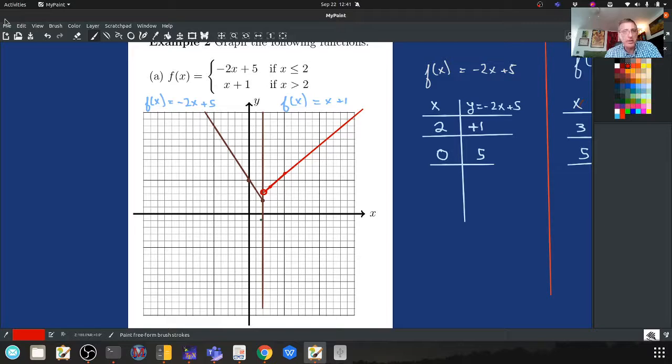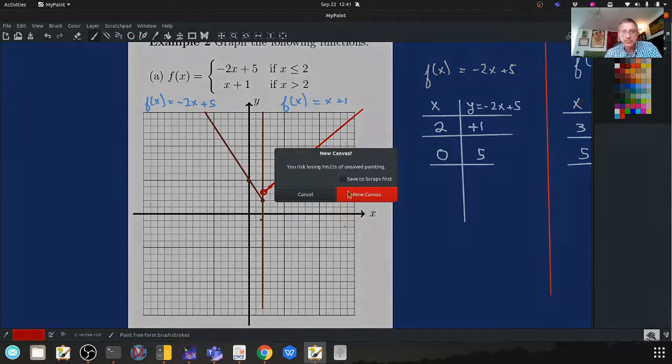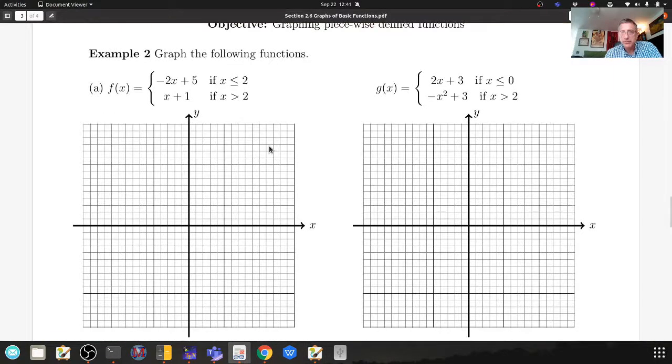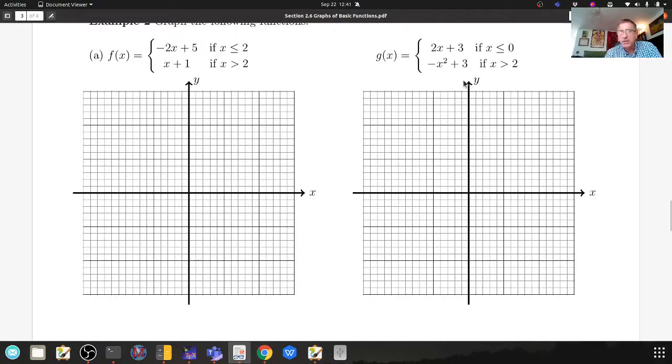So let's do another one. So this is a little bit more complicated. One's going to be linear and one's not. One's going to be a parabola opening down, but we can deal with that.